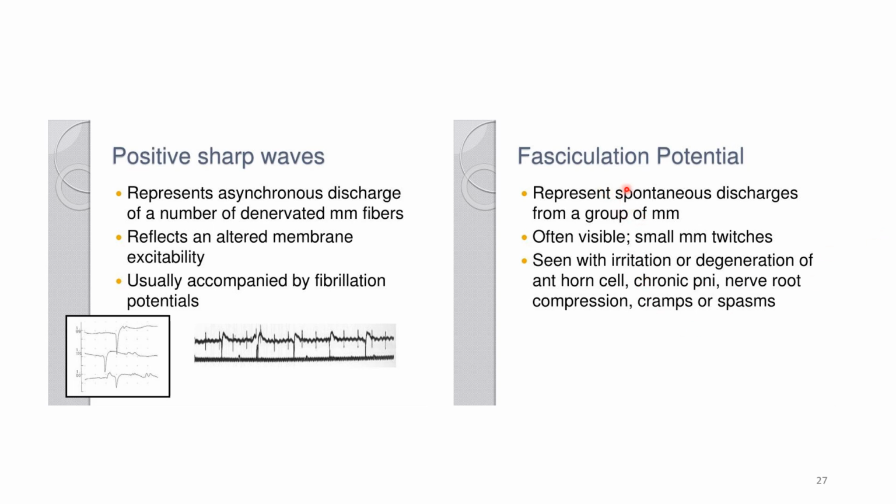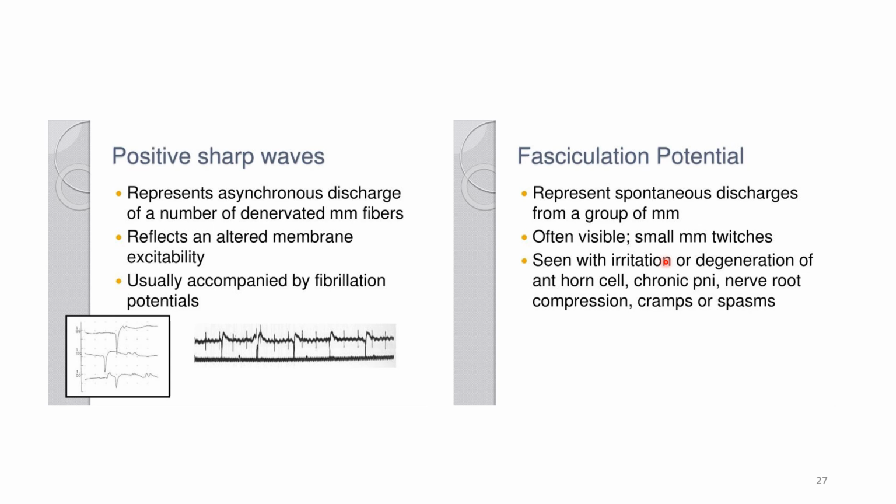Next, coming to the fasciculation potential. It represents spontaneous discharges from a group of muscle fibers. So fibrillations are because of single muscle fibers, fasciculation because of a group of muscle fibers. They will discharge at the same time. These are called fasciculations.